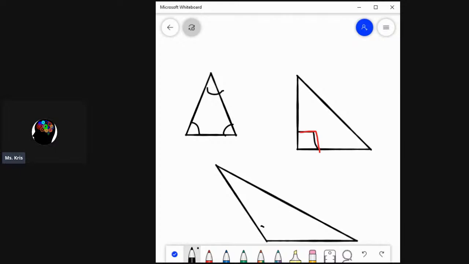So obtuse simply means one of my angles is greater than 90 degrees.